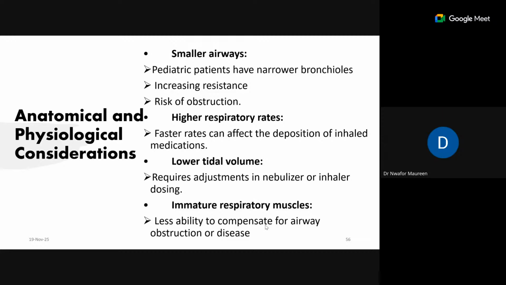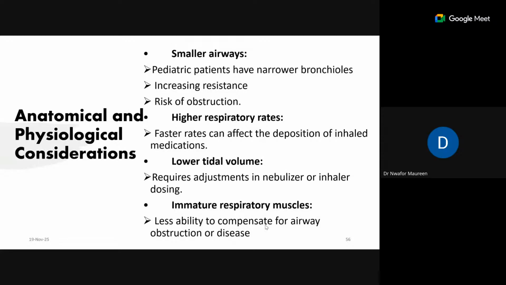They have higher respiratory rates. Like if you look at the monitor for a pediatric, you can see heart rate 124. We're not bothered. But if it's an adult, we are bothered. Fetal rates can affect the disposition of inhaled medications. But it's not like beta blockers, what they do to the heart rates.